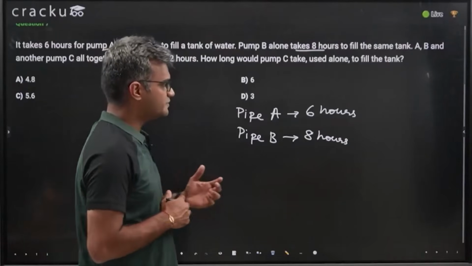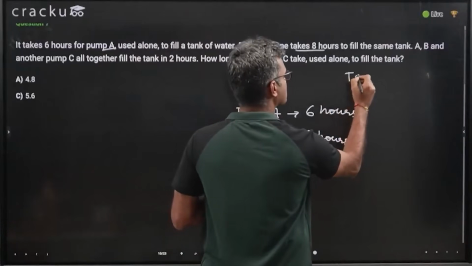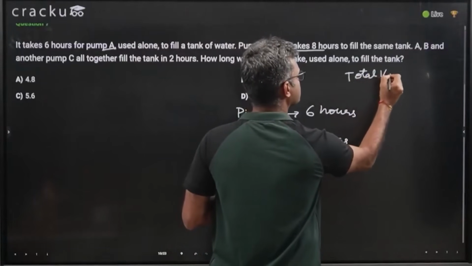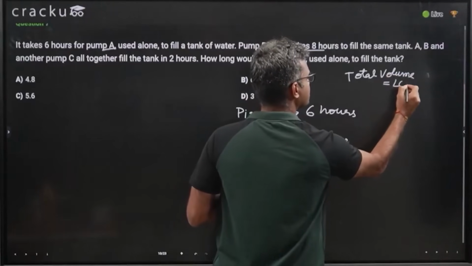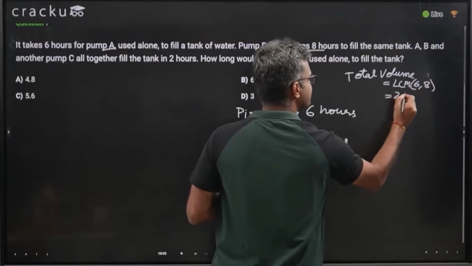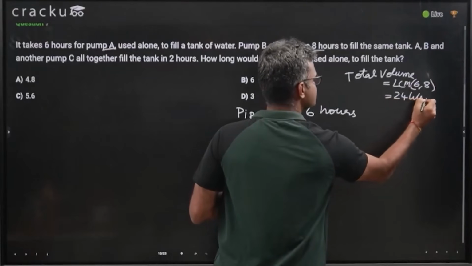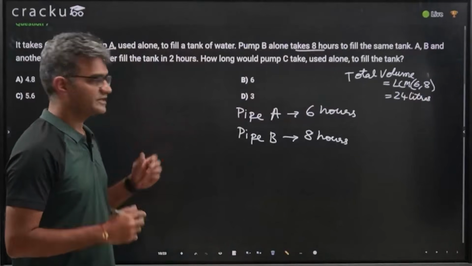So again, let us assume that the total volume of the tank that needs to be filled is the LCM of 6 and 8. What is the LCM of 6 and 8? The LCM of 6 and 8 is 24 liters. So let us assume that the total volume of the tank that needs to be filled is 24 liters.